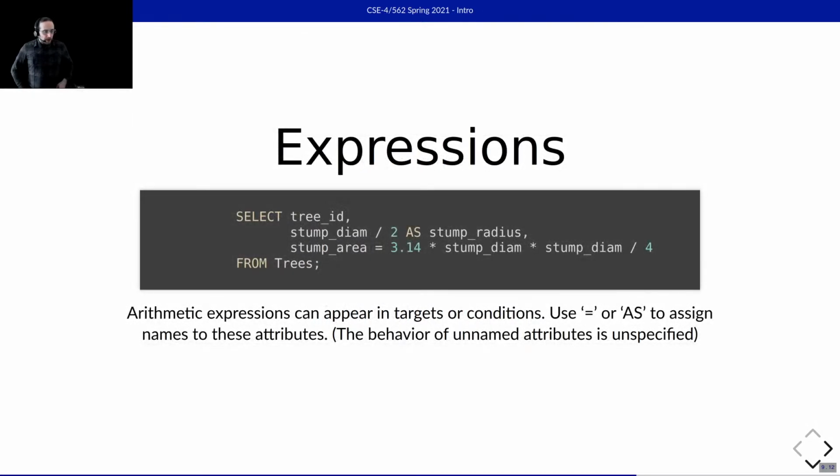Fantastic. Okay, expressions. In addition to having raw attributes in the target clause, you can also have expressions. If you have expression as name or name equals expression, that will assign a name to the result of that expression in the resulting table.